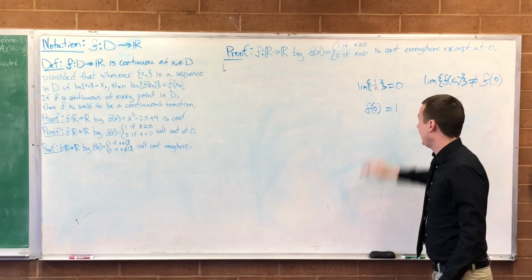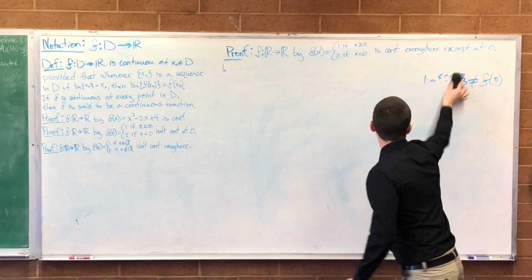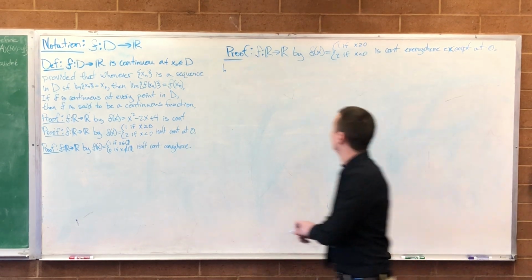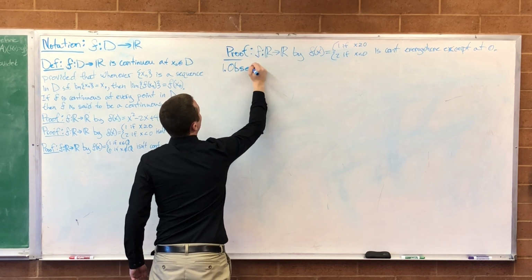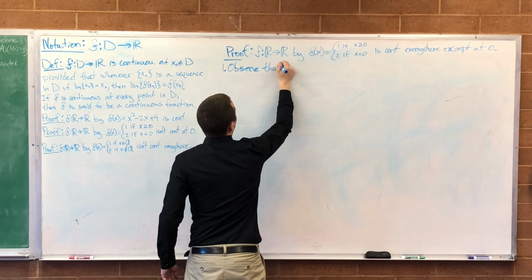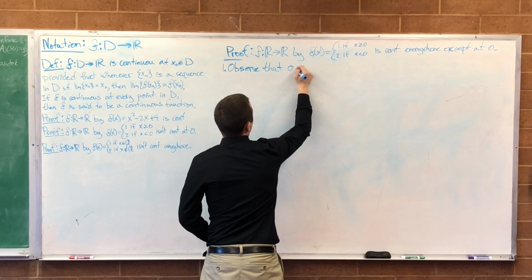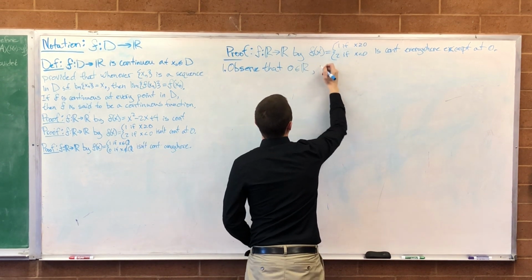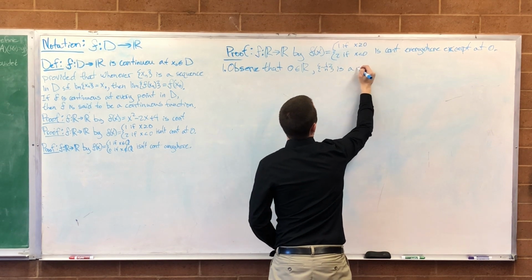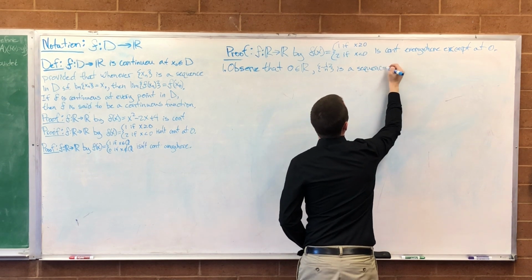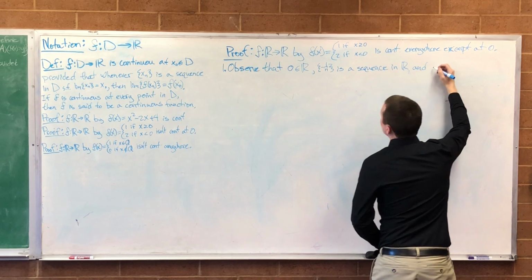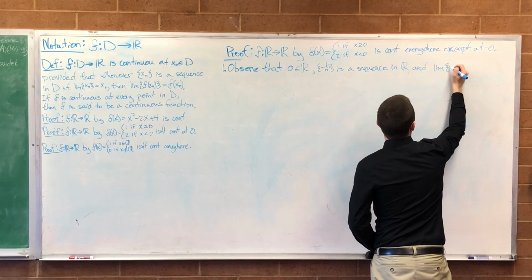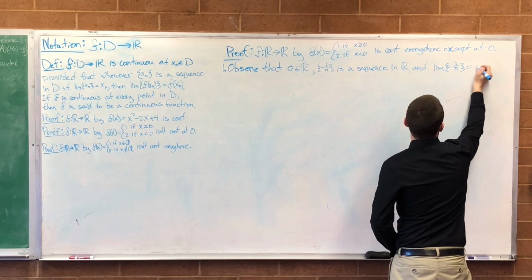Okay, so yeah, we can use this exact same thing. Observe that 0 is in our domain, -1 over n is a sequence in our domain, and the limit of -1 over n is equal to 0.